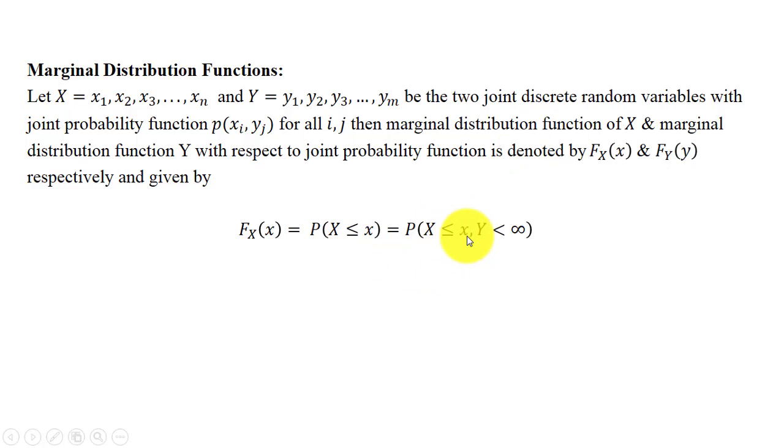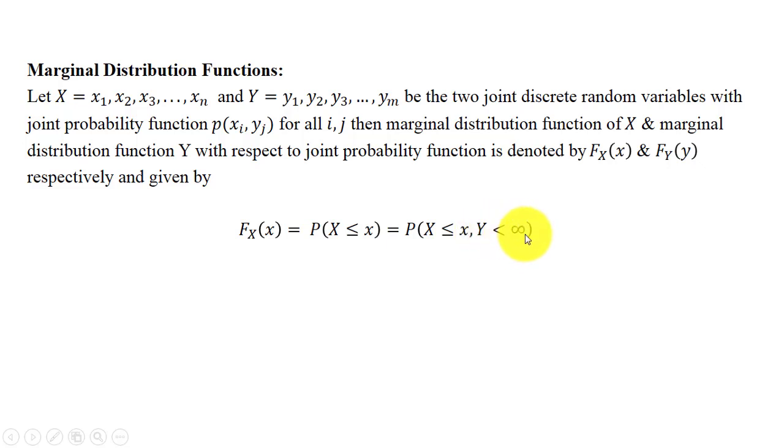It means x is less than or equal to x where y is less than or equal to infinity. It means we are considering all values of y for some particular value of x. For some particular value of x, we are taking the sum of all the values of y. That's why we are writing y is less than or equal to infinity. Suppose that x takes a value x1. So for x less than or equal to x1, you have to take the sum of all the values of y.